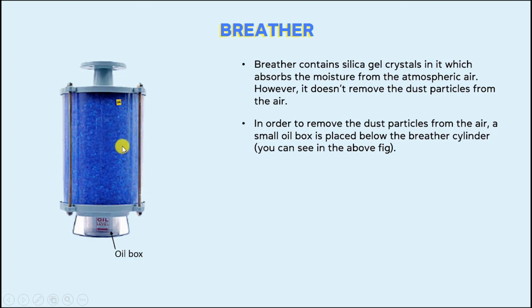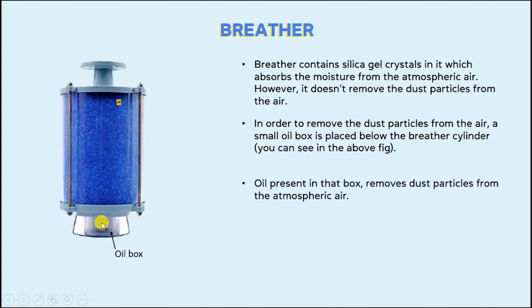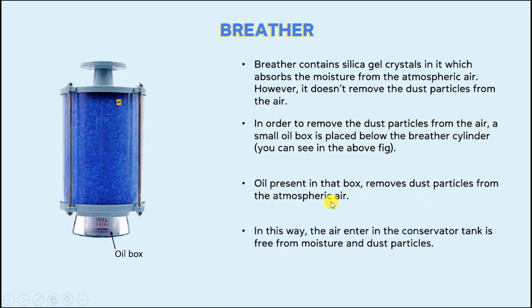Here silica gel crystals are present, and below them, this is the iron box. The oil present in that box is used to remove the dust particles from the atmospheric air. In this way, the air entering the conservator tank is free from moisture and dust particles.